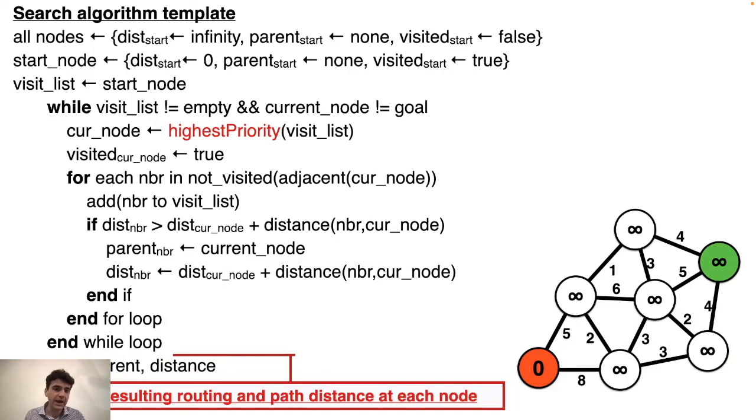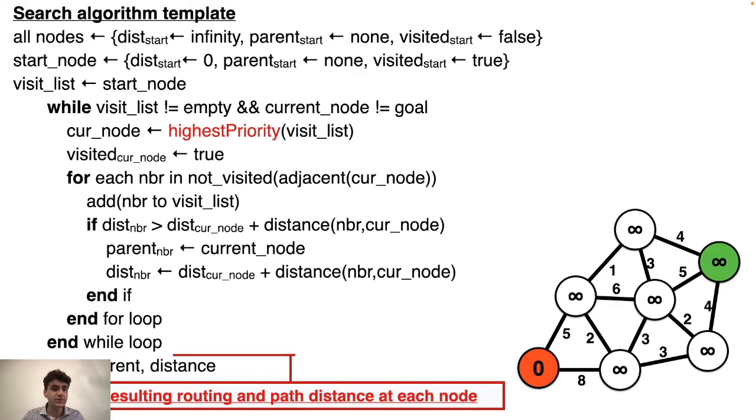Finally, after the search loop has concluded, so either it ran out of nodes to expand, or it found the goal node, the final step is to output the resulting route, right? So the resulting path that can be taken by the robot, and also the path distance that the robot should expect to travel from the initial position to the goal position.